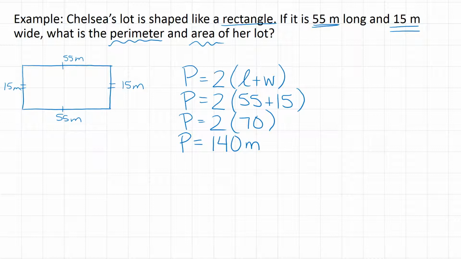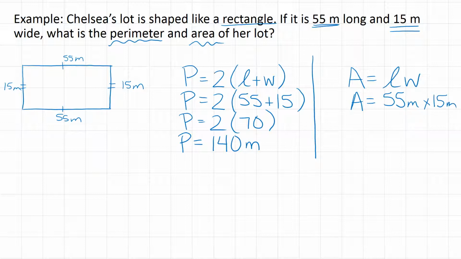Okay? Now let's find the area of her lot. I'm just going to draw a little line to kind of break that up. I know area of a square or a rectangle has one formula, and its area is equal to length times width. Let's plug in the length and the width. So we've got 55 meters times 15 meters. We're just going to ignore the meters for now.